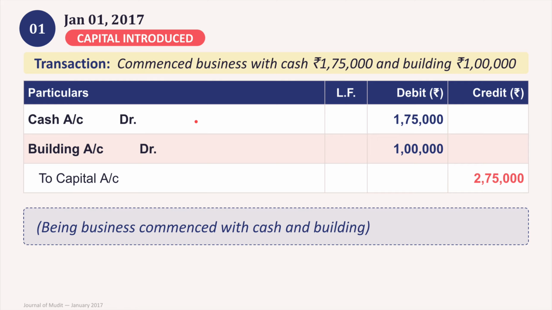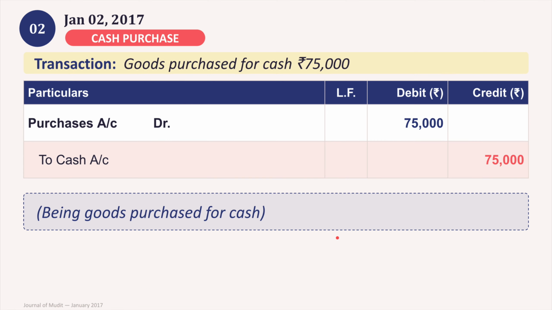Any increase in asset has to be debited. So this is a current asset, this is a long term asset. Okay. So we will debit cash account, building account with the respective amounts. All these are coming in the form of capital. So the total we will write as to capital account 2,75,000. So being business commenced with cash and building.